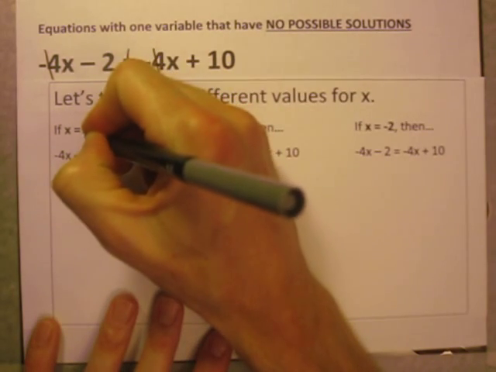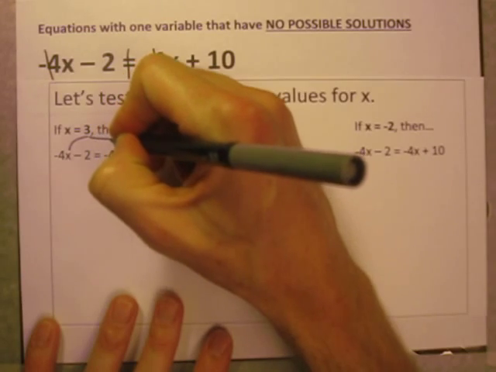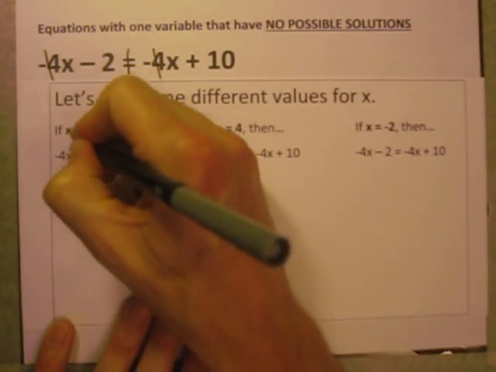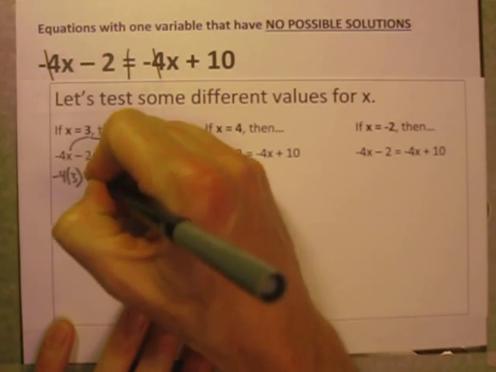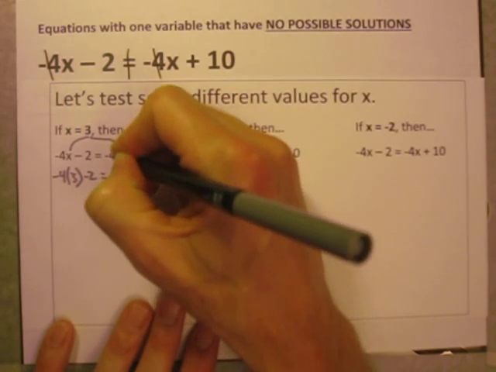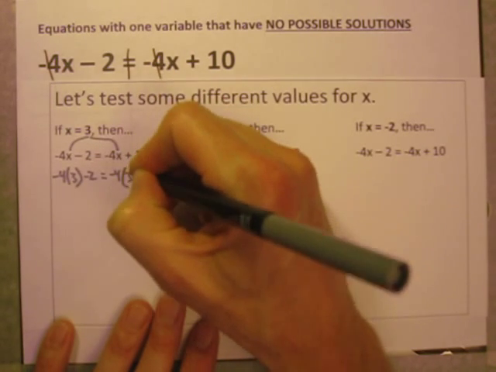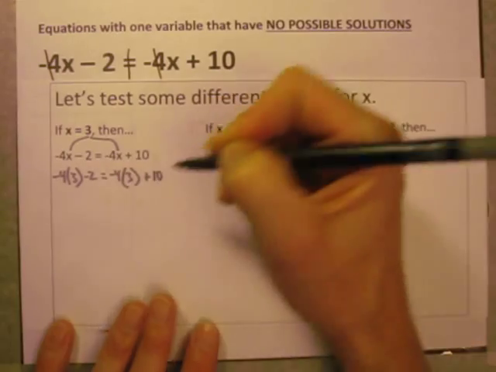Let's substitute 3 in for x, wherever x appears. So we have negative 4 times 3 minus 2 is equal to negative 4 times 3 plus 10.